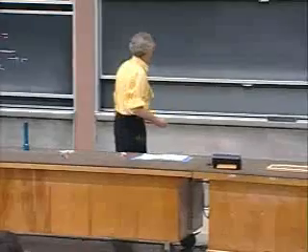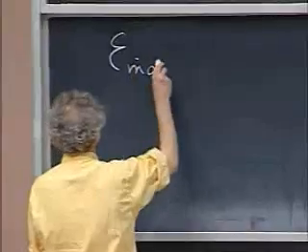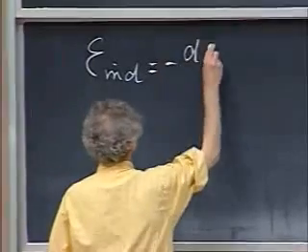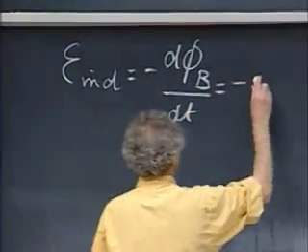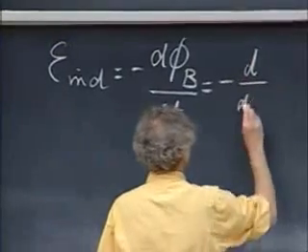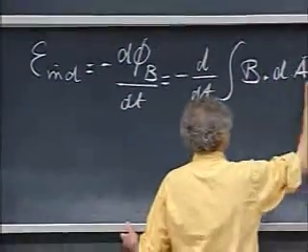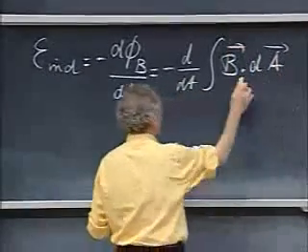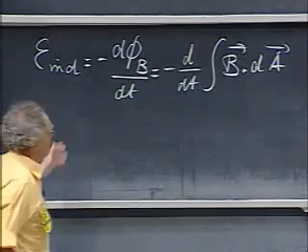So the EMF induced equals minus d phi/dt, minus d/dt of the integral of B dot dA over an open surface.